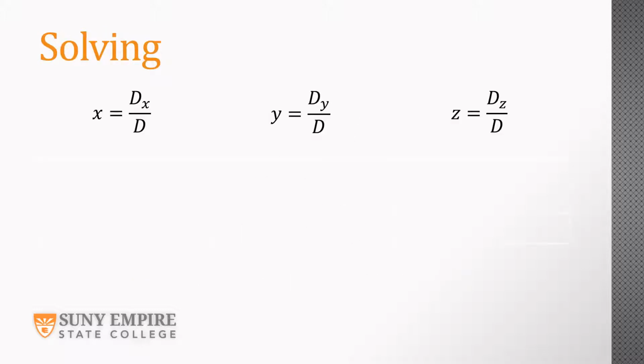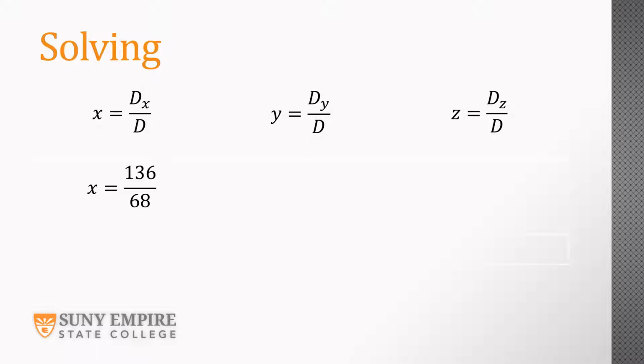Now we have all the information we need to actually solve for the variables. Recall that each variable is equal to the determinant of its matrix divided by the determinant of the coefficient matrix. So we have x equal to d sub x divided by d, y equal to d sub y divided by d, and z equal to d sub z divided by d.